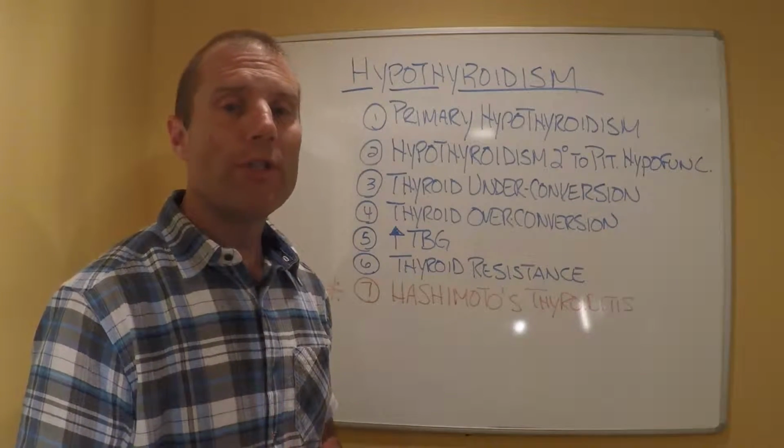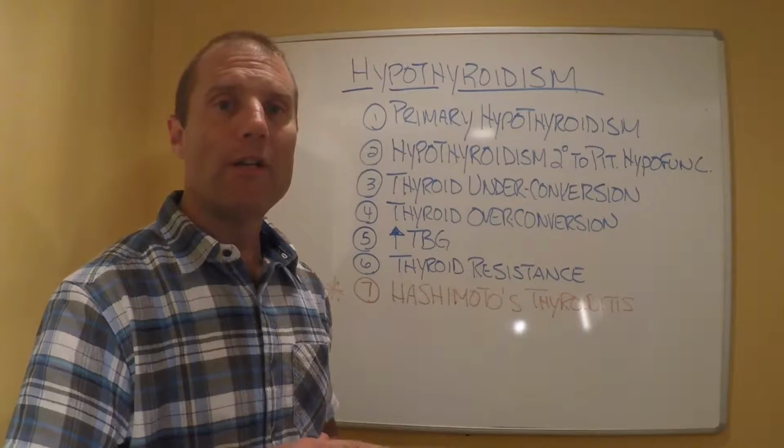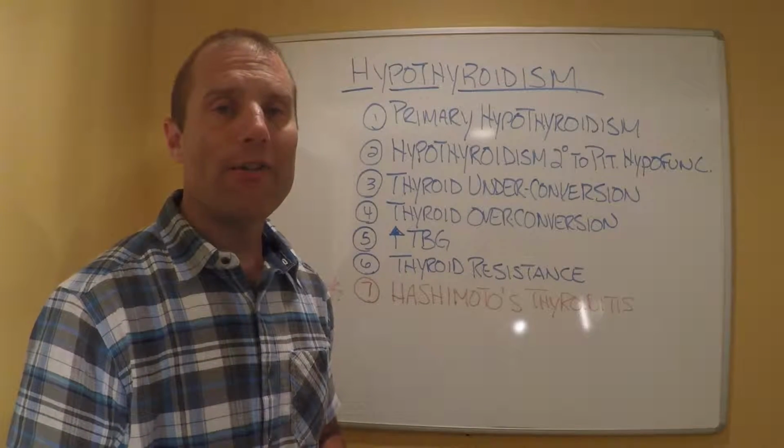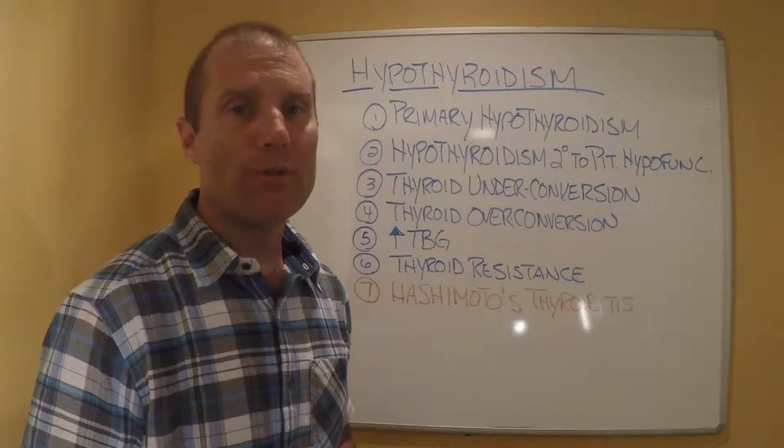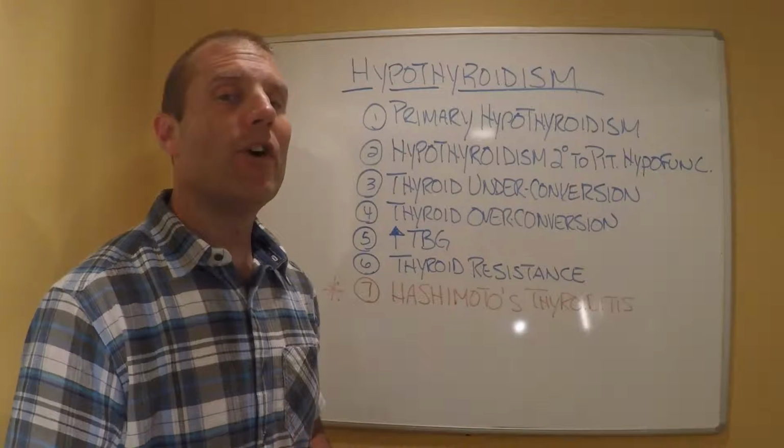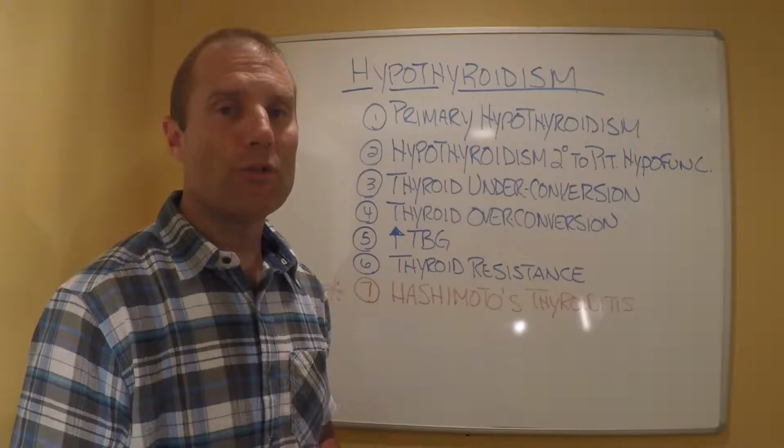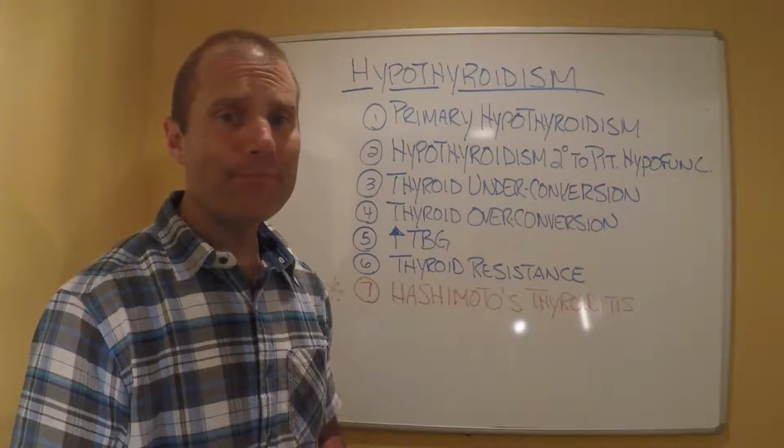Because what the research shows is if you don't calm the immune system down, not only will you have one autoimmune disorder, but the likelihood is that you're going to develop multiple autoimmune disorders over time.